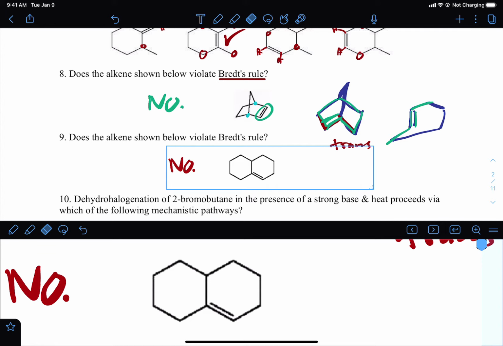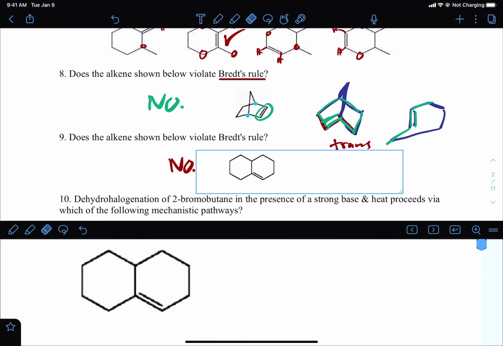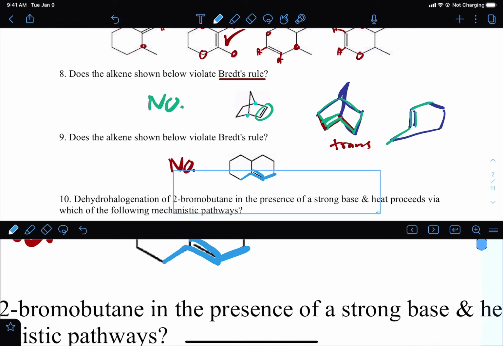The point is, you just have to be careful. You have to ask yourself, does my double bond create a trans geometry? And if it does, is that trans geometry in a small ring? Okay, if it is, then you've got a problem. That structure is not real.